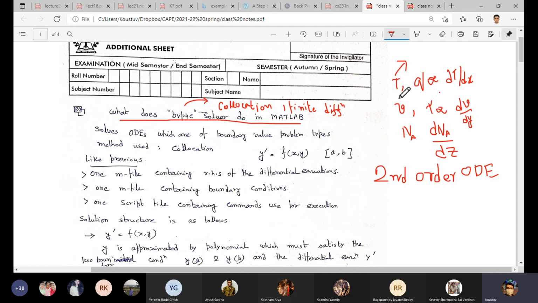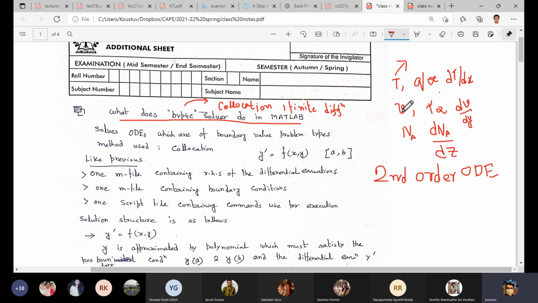In order to solve the integrations, you need some values at t equals 0 if it is an initial value problem, or at some location you have to have the values of the variables that you are going to solve through integration. The values must be specified at some point.